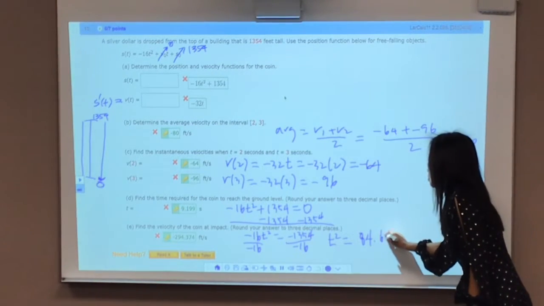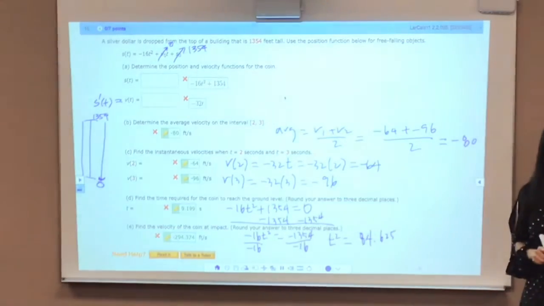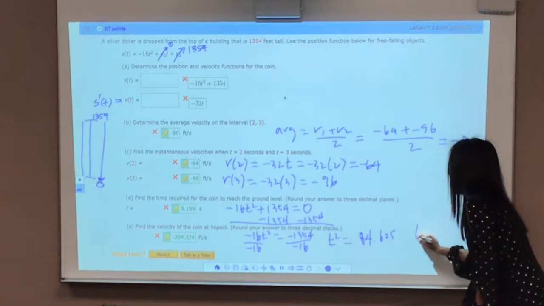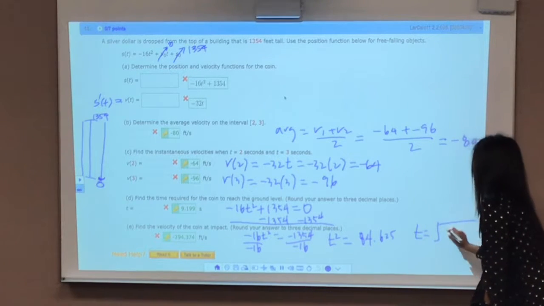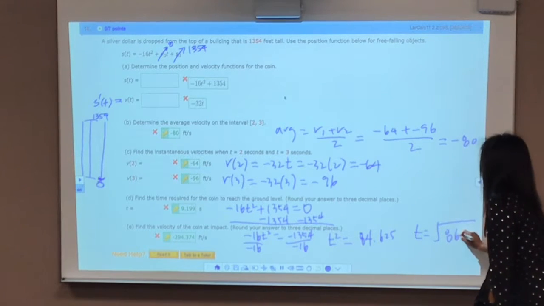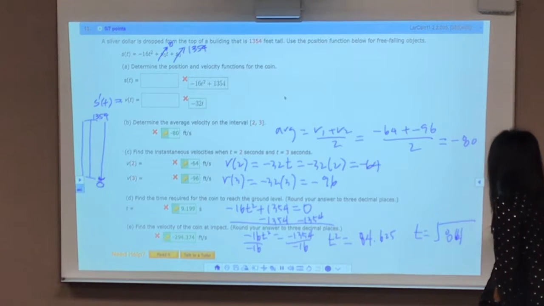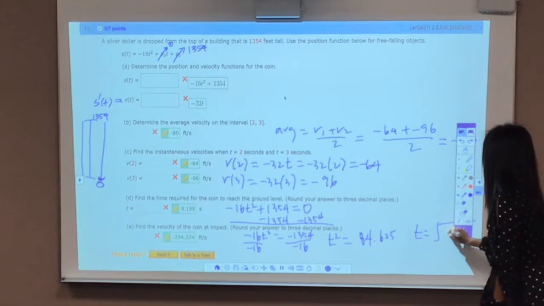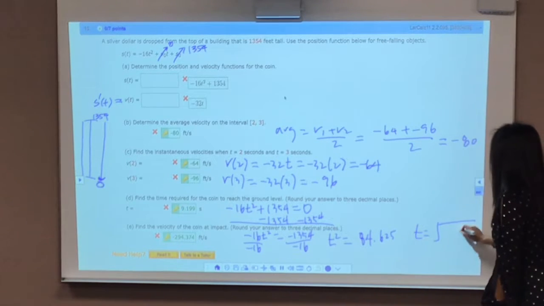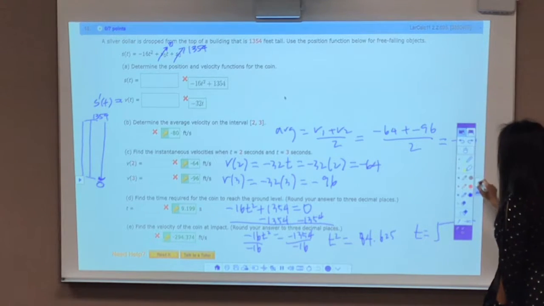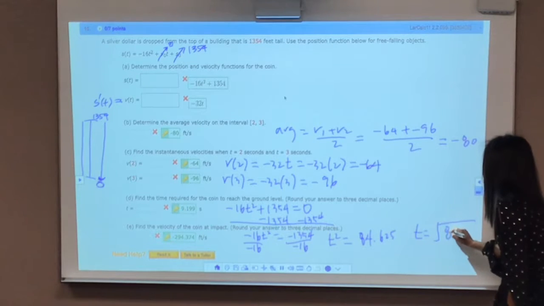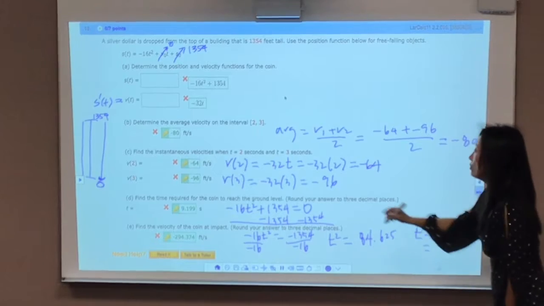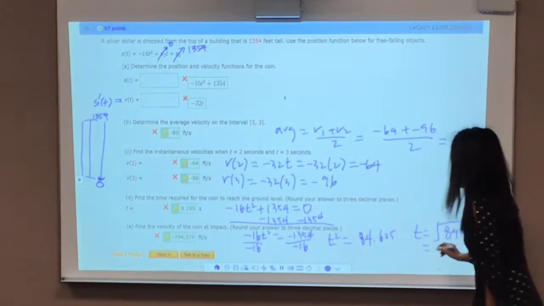All right, I'm looking for t, so take the square root of that, right? Which gives you what number? 9.19.